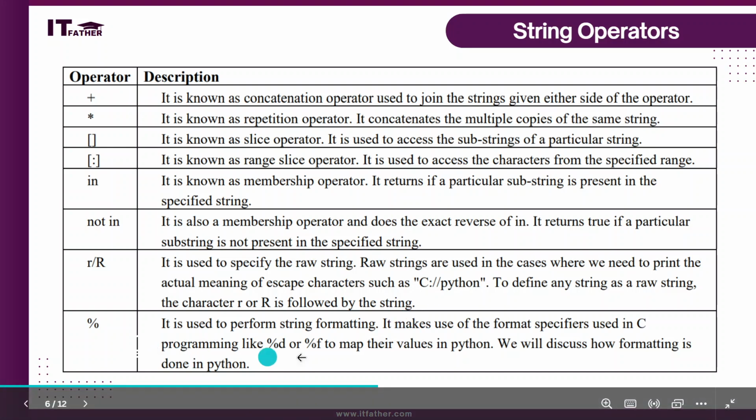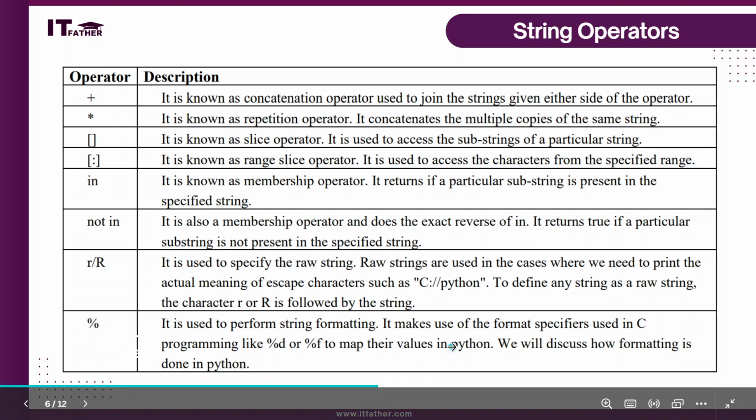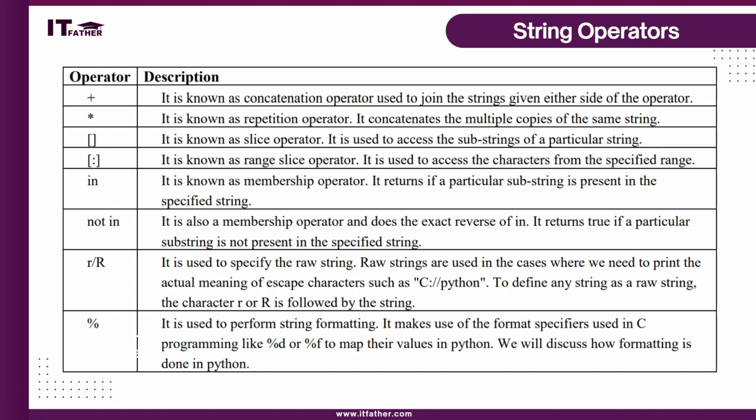And the percent symbol is used to perform string formatting. It makes use of the format specifiers used in C programming. If you want to specify a format in Python, then it is used. Otherwise right now it is not useful, because Python already handles the formatting of values. If it is numeric, it automatically displays the numeric format.